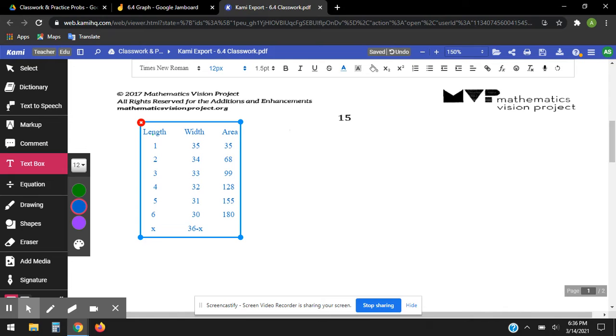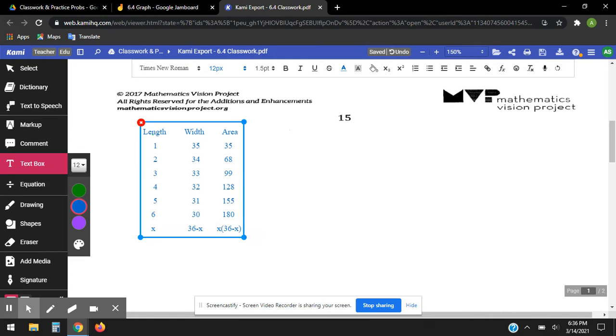Rearranging it, width is 36 minus x. So then to get my area, I multiplied my length times my width. So my area then is x times (36 minus x). So I kind of have a formula now on how to get these.